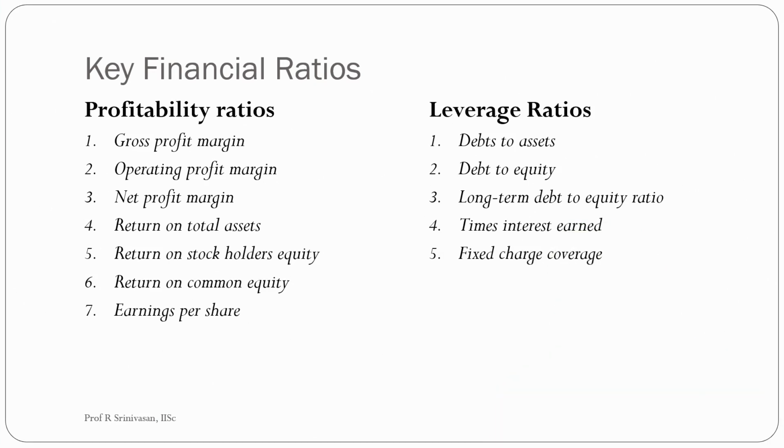I have uploaded a PDF on these key financial ratios, how it can help you. The gross profit margin with respect to an organization, kindly refer to that particular article, that upload, and try to understand how these different ratios can be helpful.